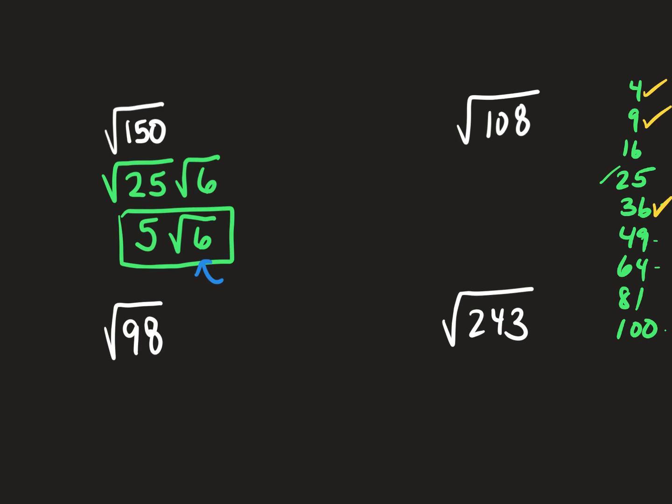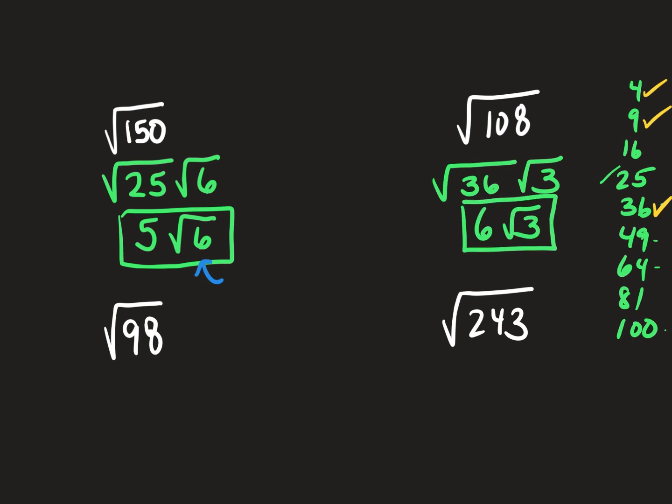I could keep going, but 36 is the biggest. The square root of 108 is square root of 36 times 3. And so this is 6 root 3. And again, I got one nice number and then one number that has no squares or perfect squares that would go into it.